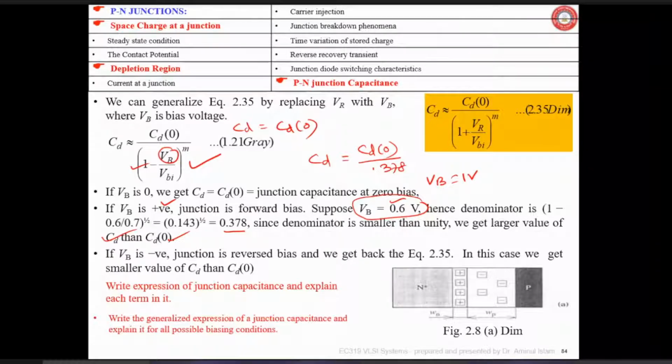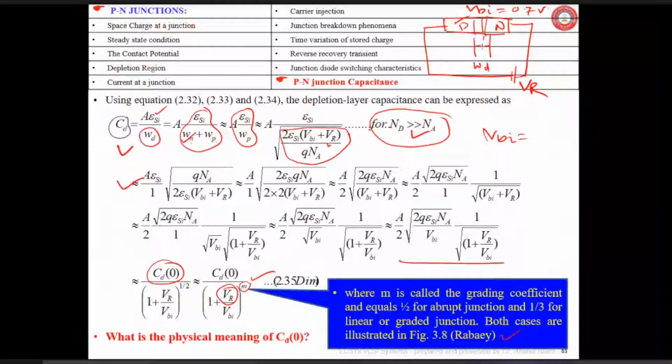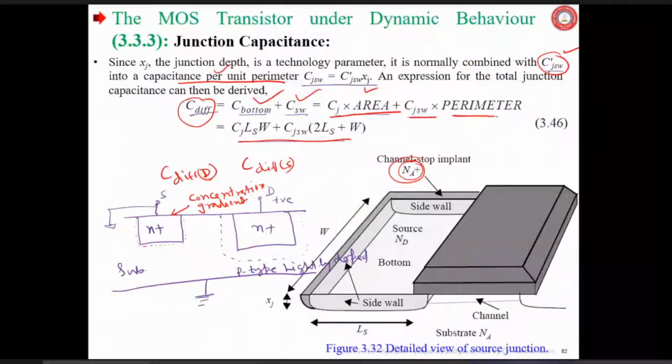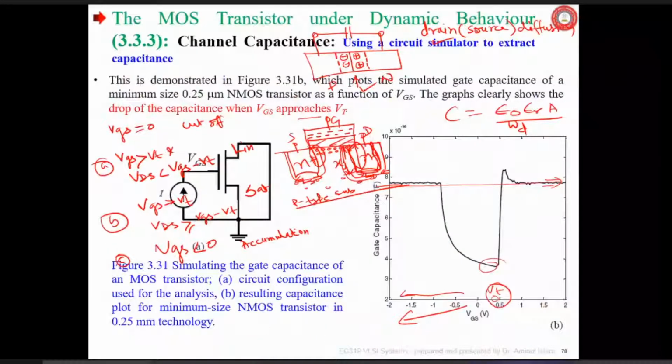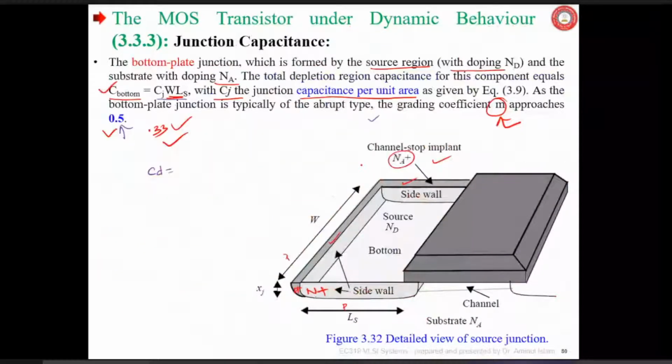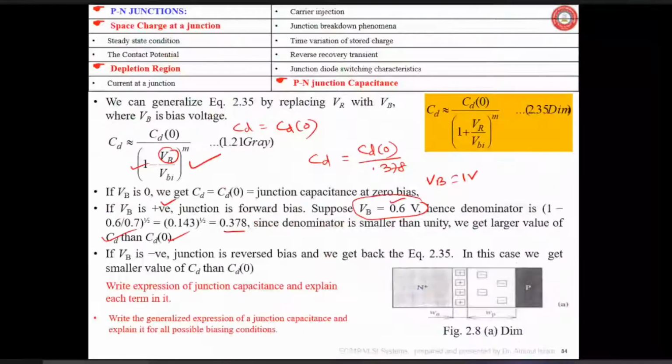No, sir. Why? It would be forward biased. Yes, it would be forward biased, and transistor action will be lost. I mean to say, if it is forward biased, these reverse biased diodes will be forward biased and transistor action will be lost. We cannot do that.